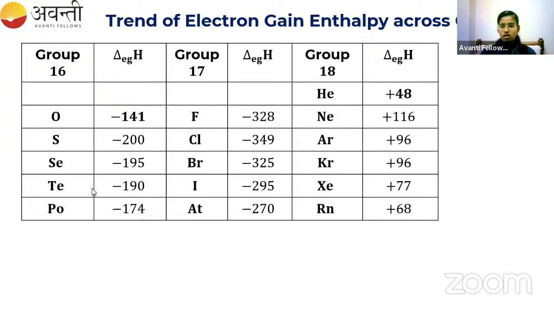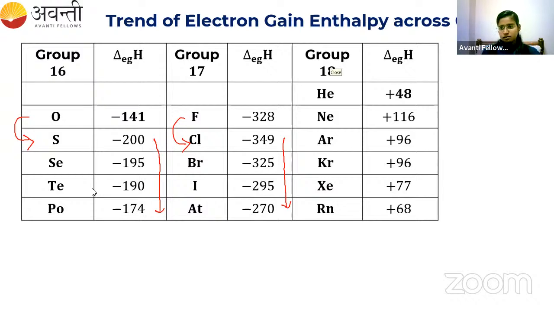Just don't think of the oxygen, sulfur, fluorine, chlorine values for now. I will come to that part later. You start from sulfur and here you start from chlorine. Now you tell me the trend you observe for these two. You should not consider the negative sign also.